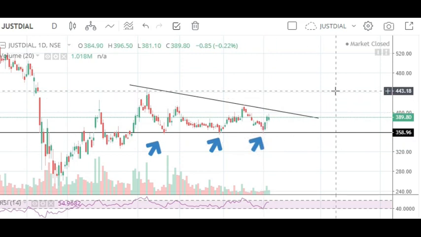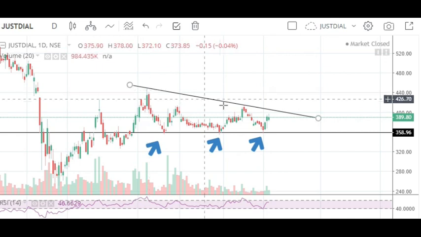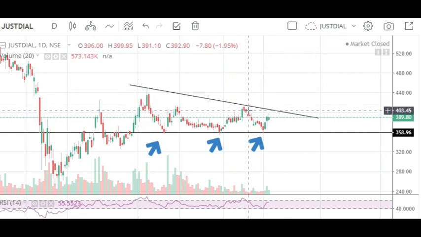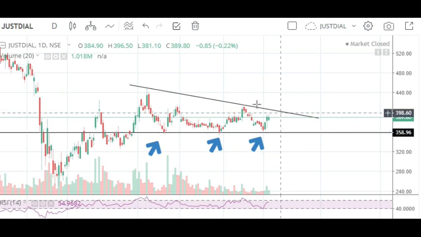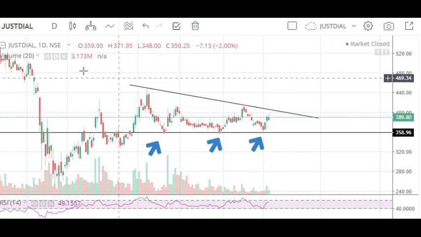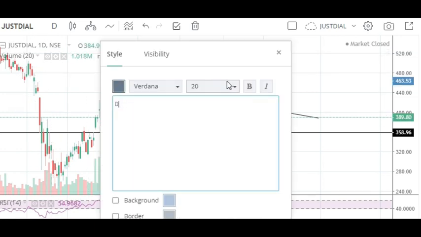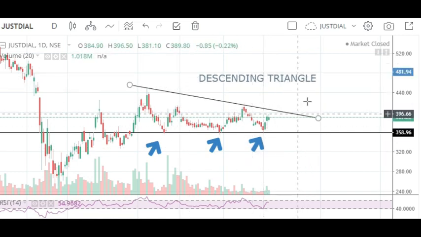On top, the highs have been coming lower, so there are lower highs and the same area of support. I have drawn a trend line on top and the bottom, and I have identified this to be a proper descending triangle pattern.